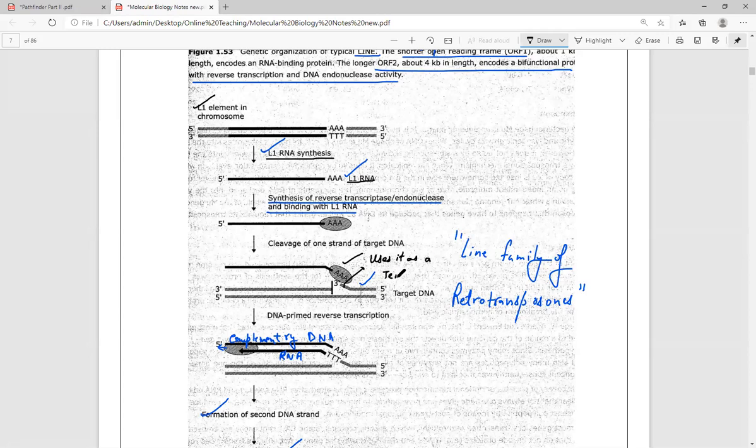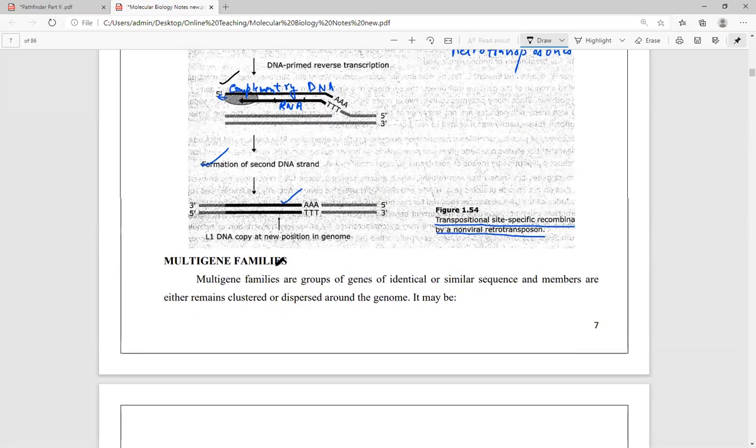Once it has used it as a template, it will biosynthesize a new DNA molecule. This is the complementary DNA over the RNA molecule. It has been biosynthesized. Now this complementary DNA gets separated and forms a new copy that would be inserted to a new site.